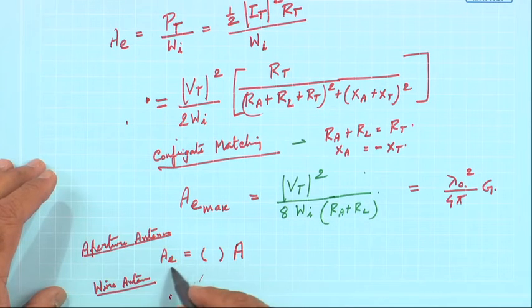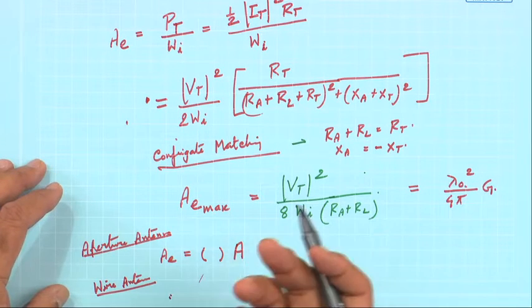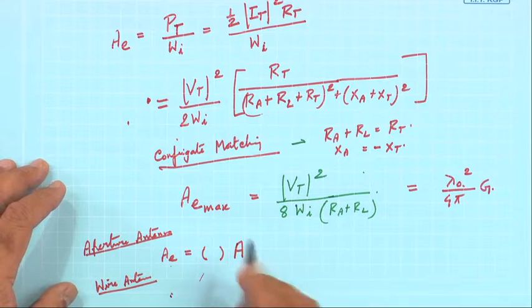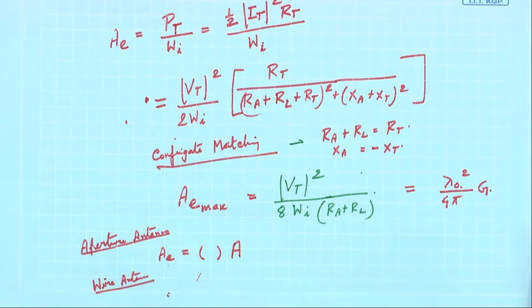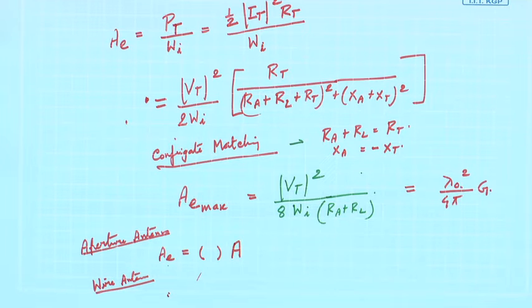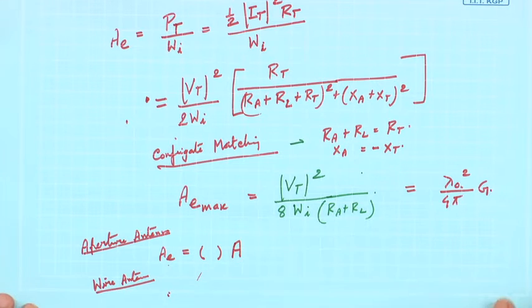So, the case is opposite. In case of an aperture antenna, the effective area is less than the physical area. In case of a wire antenna, the effective area is much greater than the physical area, otherwise it cannot be used.